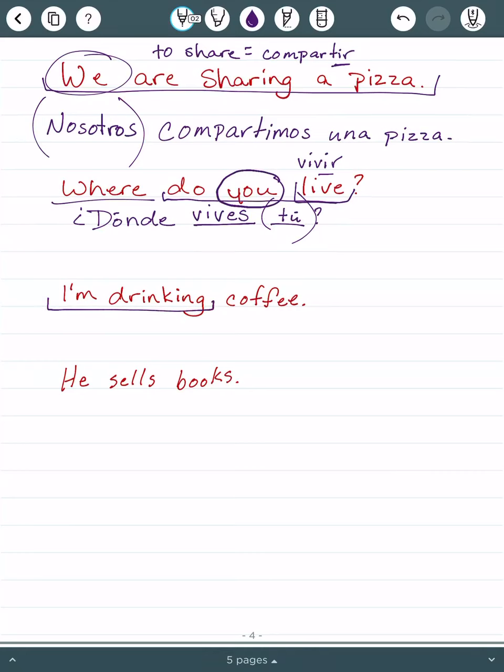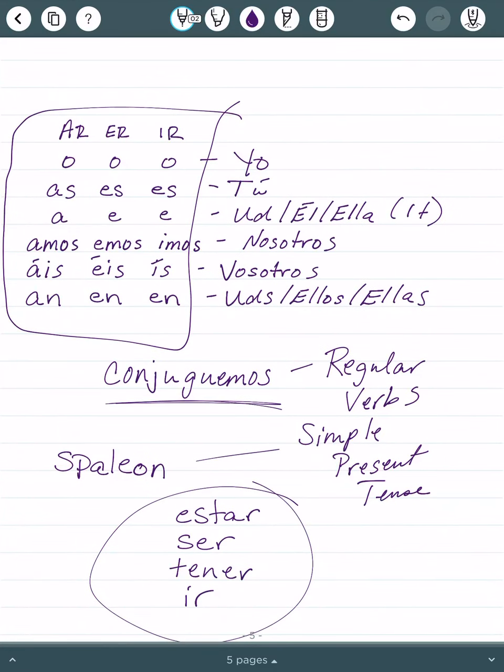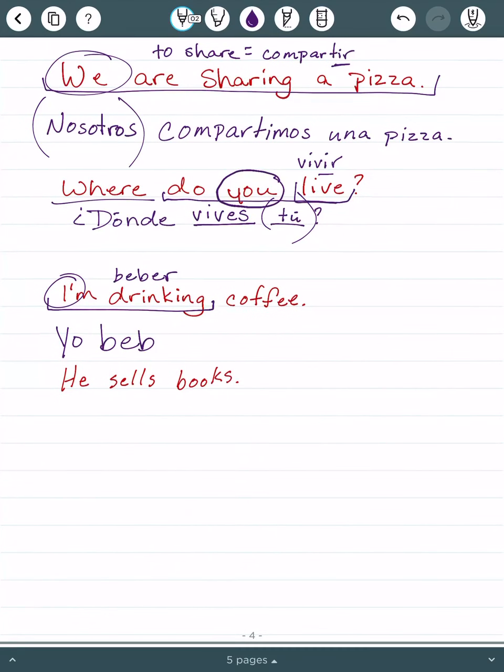The next one, I'm drinking coffee. So I'm drinking. I am the subject, yo, and then to drink is beber. So again, take off the ER. The yos are the same for every type of verb. So it's going to be an O, but specifically we're looking at the ER here. So it's that O. So yo bebo, and then coffee, café.